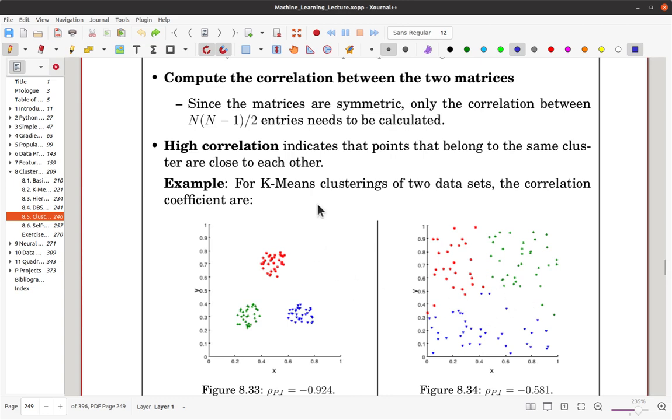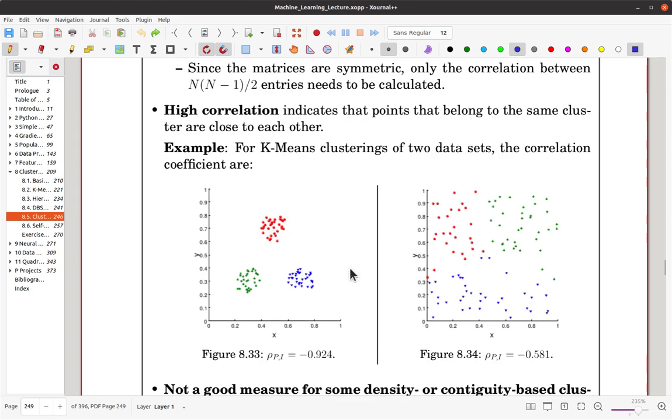Along with k-means, with k equal to 3, the 3 clusters are made. For this clustering, if you measure the correlation, it is around 1 in modulus. And for this data set, the value is far from 1 in modulus.